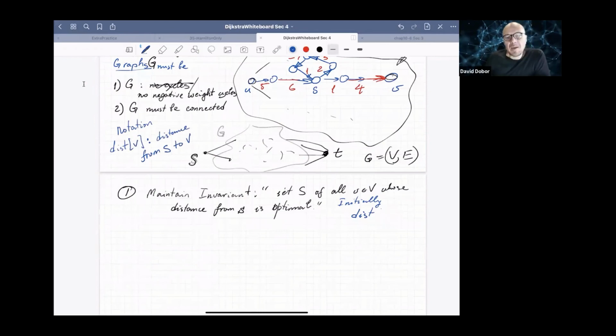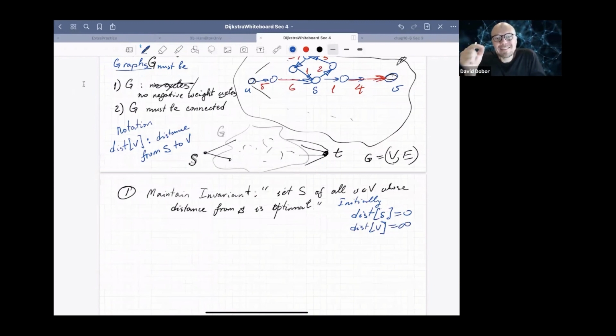Initially, what is that then? dist(S) is 0, and dist to every other vertex at the start is infinity. So I do not know what the distances are to all those vertices that are outside of S. So I'm attaching an unknown, infinite distance to every other vertex.